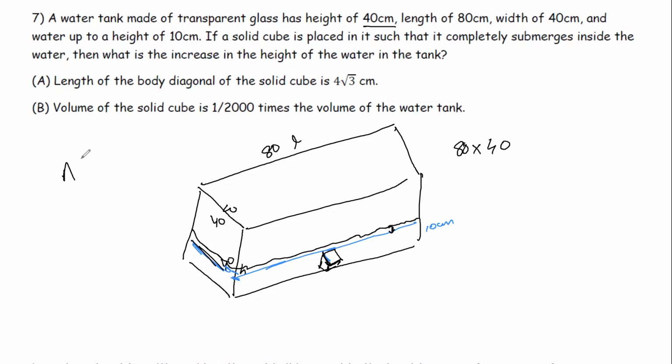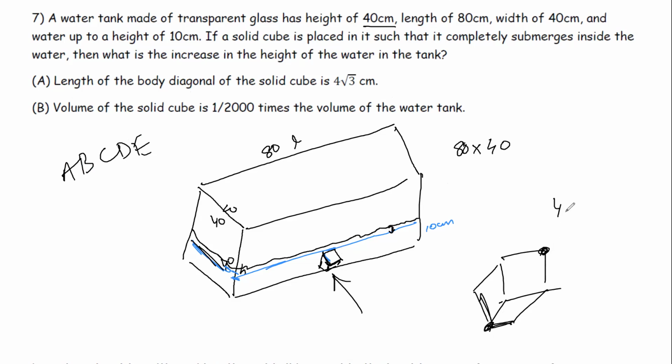Now statement A. The length of the body diagonal of the solid cube is 4 root 3. So this particular solid cube, yeah, its body diagonal, that is the body diagonal from here to here, yes, is 4 root 3.